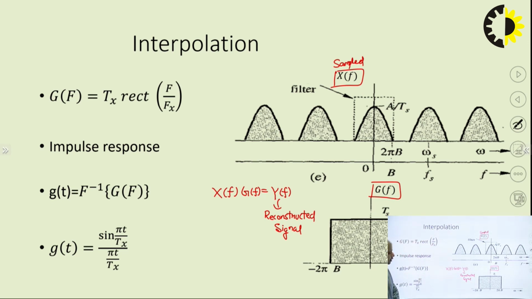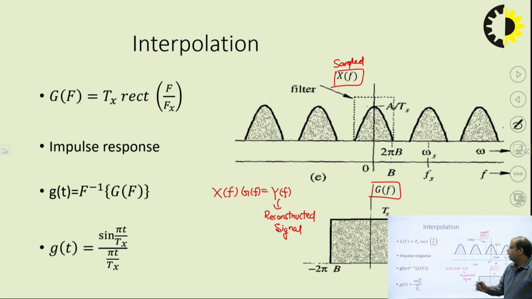So the reconstructed signal is basically the product of the sampled spectrum and the spectrum of the low pass filter. If in frequency domain it is multiplication, we know by properties of the Fourier transform, in time domain it is simply the convolution.